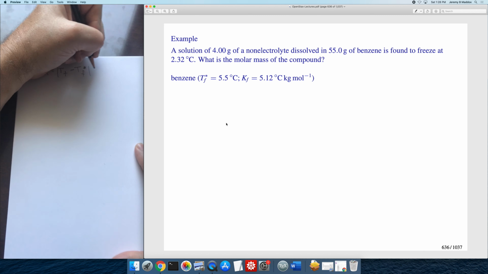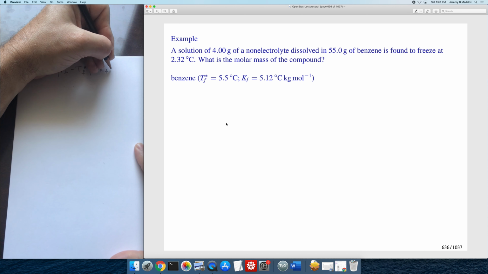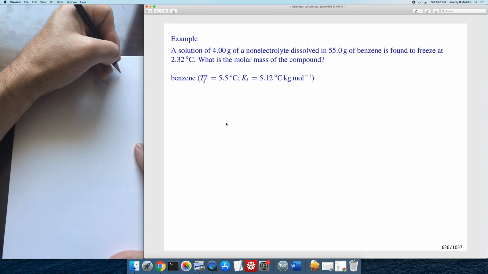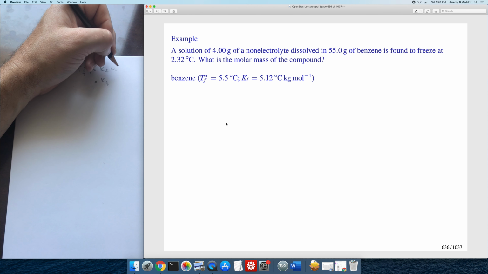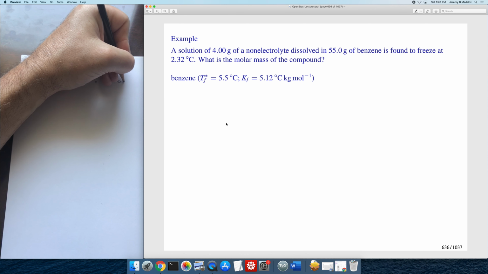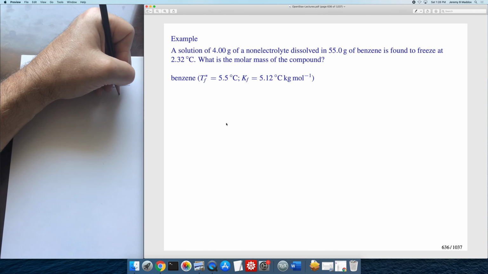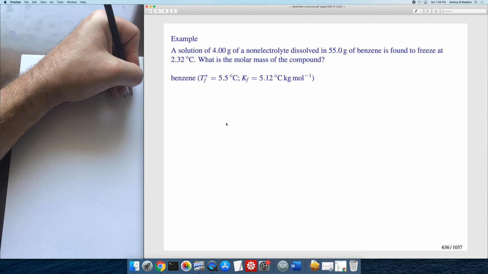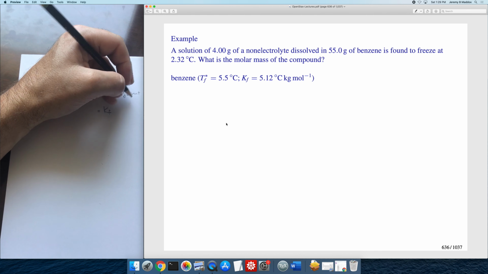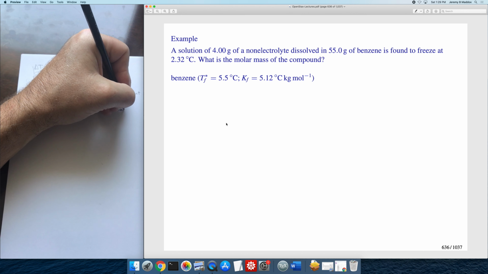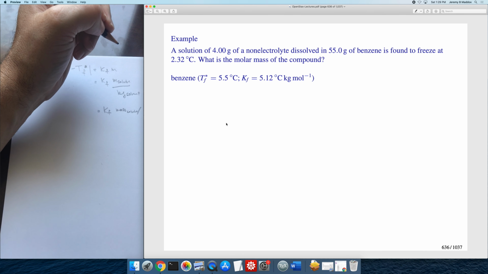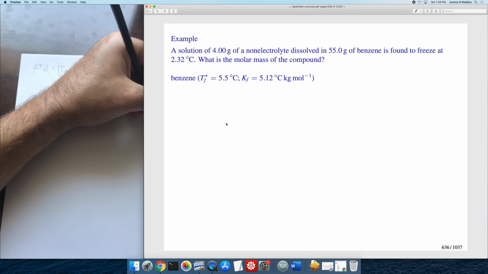And then this is going to be equal to Kf times m, where the molality is the moles of solute divided by the kilograms of solvent. And we'll go a little bit further. Moles of solute is the mass of solute divided by the molar mass of the solute. And that's what we want.